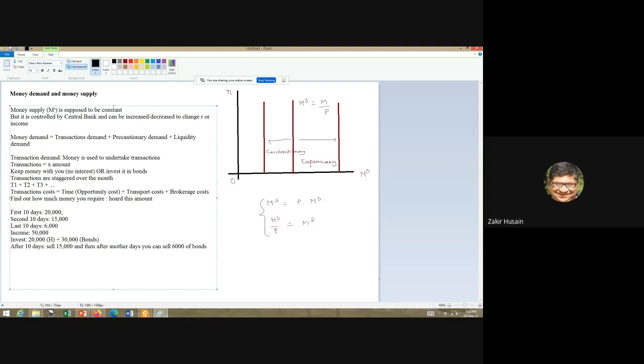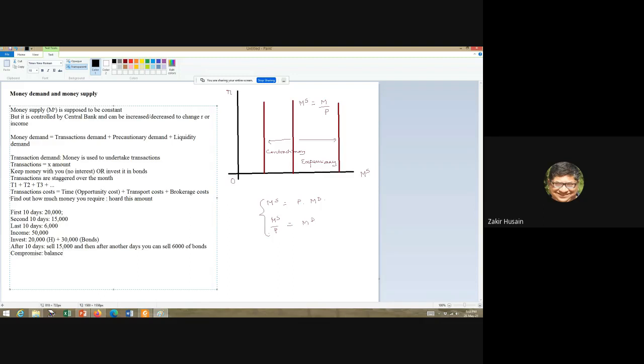So you have a staggered flow. Every day you require some money. So you have to arrive at some sort of a compromise, some sort of a balance. You don't invest the entire amount in bonds. That will make it very difficult. You have to go to the bond market every day. The transaction cost will go up. At the same time, you require a total of how much? 35, 41.